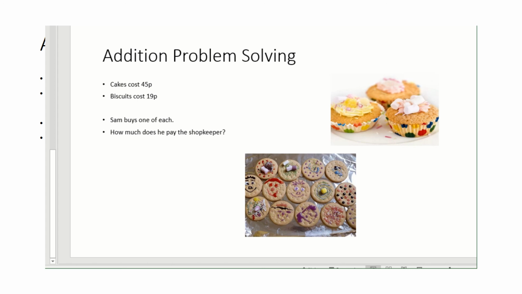Now 9 we know is very close to 10. So you could add 20 pence and just take one off. Or with 45, you've added your 10, for the 9 you could think, what do I need to get to the next 10? 5 and 4. So you decide which is a good strategy.